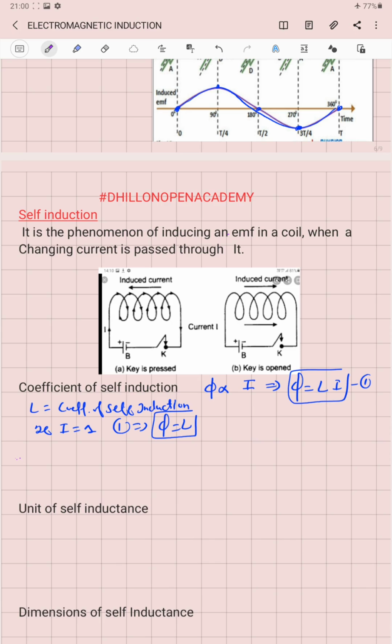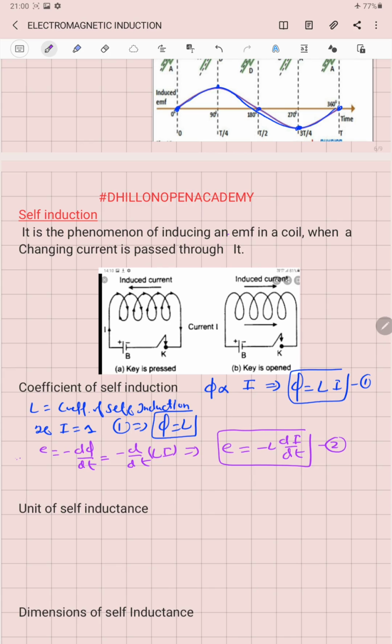If we use the law of electromagnetic induction, E is equal to minus d phi by dt, it will be equal to minus d by dt of L into I. L is a constant quantity, so it can be taken outside the differentiation, so it will be minus L into di over dt. This is our main second equation.